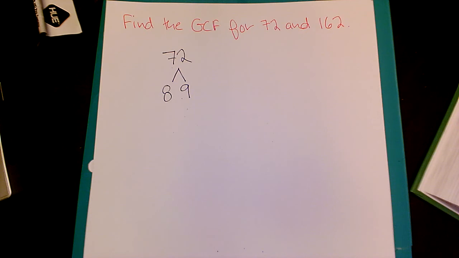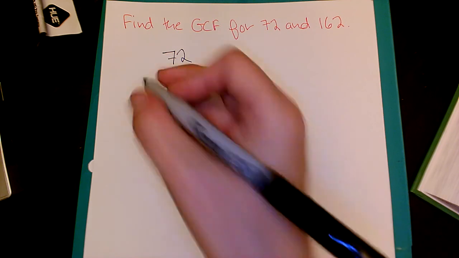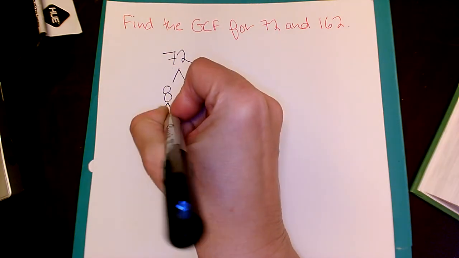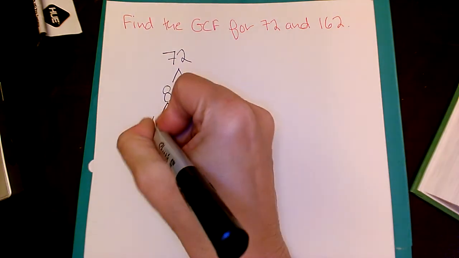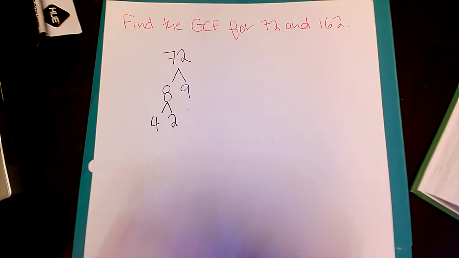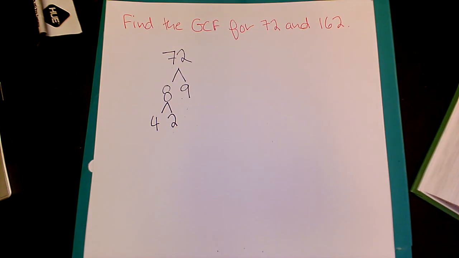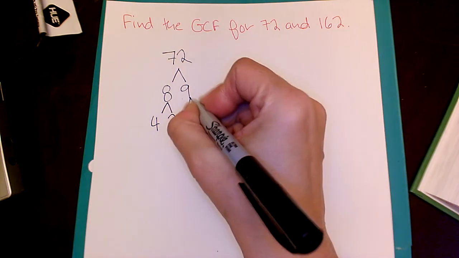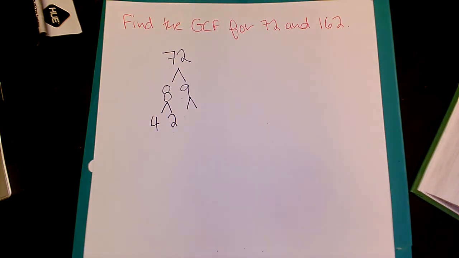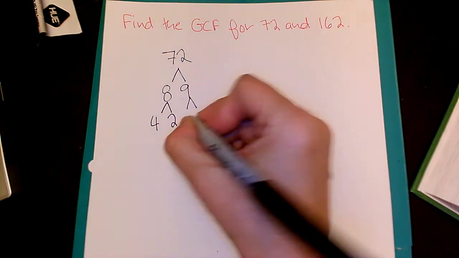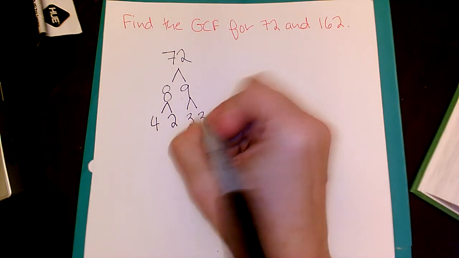Is either 8 or 9 prime? 8, I know, can be broken down. It has more factors. I know 4 times 2 is 8, so 8 is not prime. And I know I can break down 9 as 3 times 3, right?